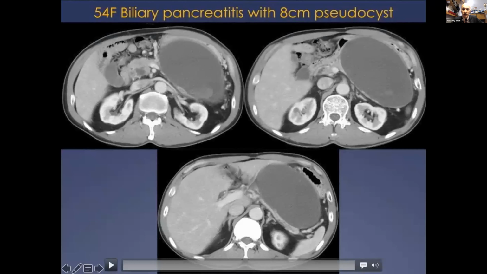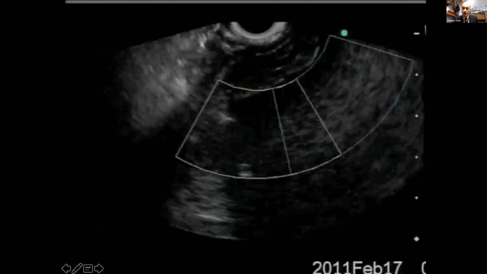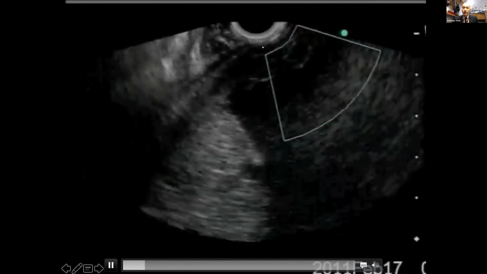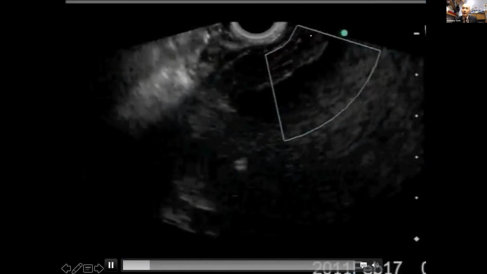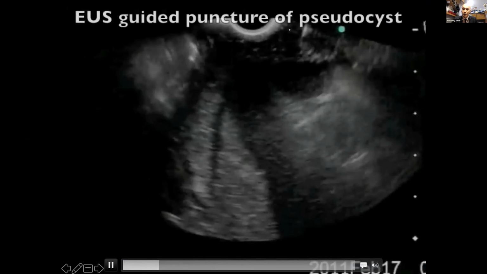So this is a patient with 8 centimeter pseudocysts in the tail of the pancreas. So this is an older EUS image. So here is the area with the least intervening vessels.